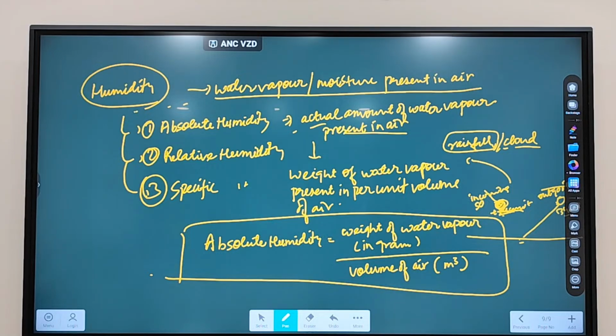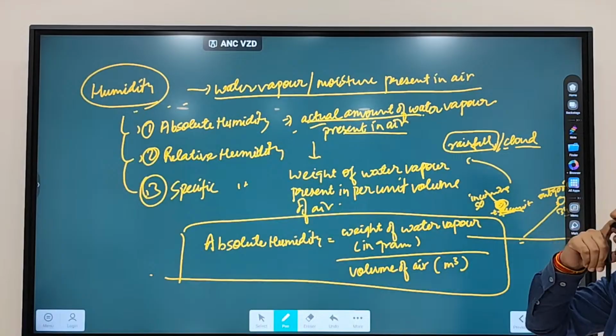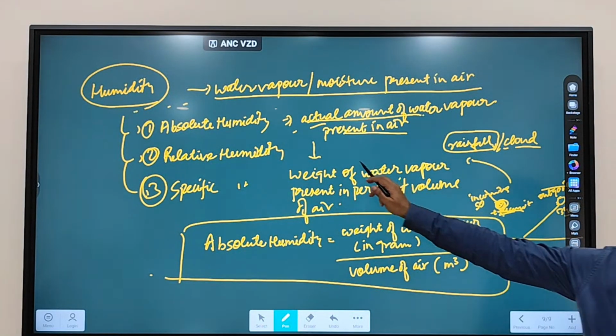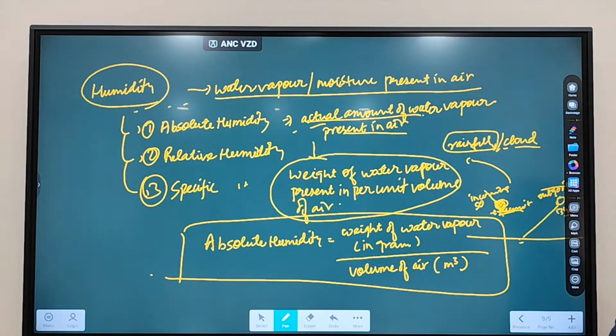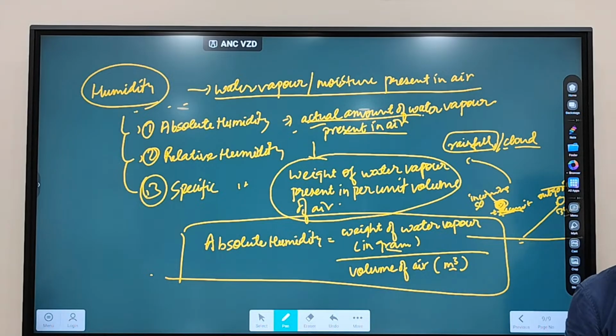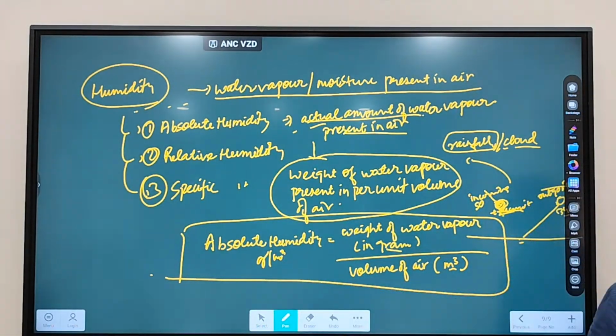Fine. So absolute humidity, what does the term absolute mean? Absolute means how much actual amount of water vapor is present. That is called absolute humidity. How we calculate absolute humidity? It is the weight of water vapor present in per unit volume of air. So weight of water vapor you are measuring in gram, and volume of air in meter cube. So the unit of absolute humidity is gram per meter cube or gram per centimeter cube. Generally you can measure that.